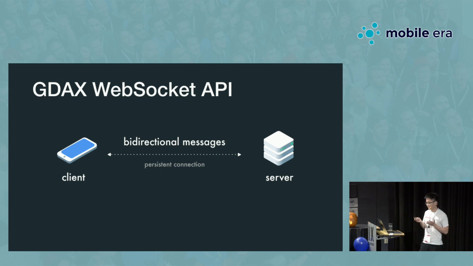So what does a WebSocket endpoint look like? It's very different from a REST API that we're used to. While a REST call has a request and response, in a WebSocket connection, we send messages back and forth.